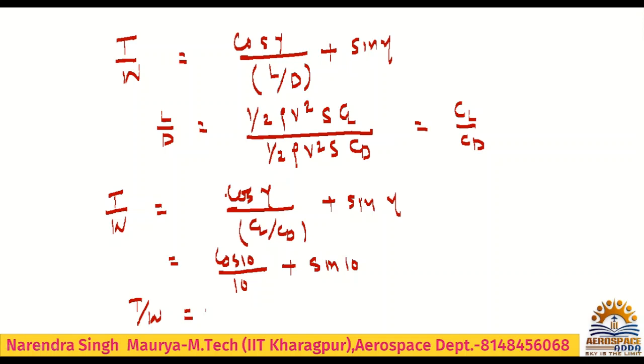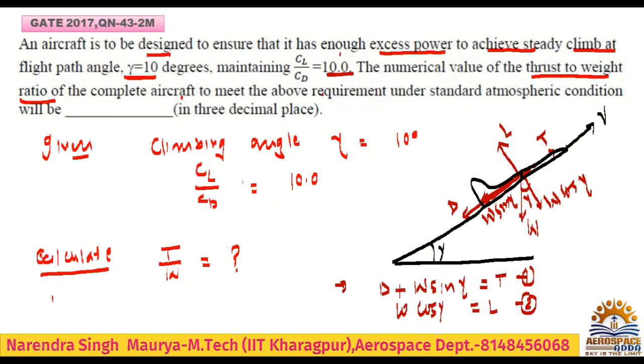What is the value? Let me check. Cos 10 divided by 10 plus sin 10 is 0.272. Okay, up to 3 decimals.